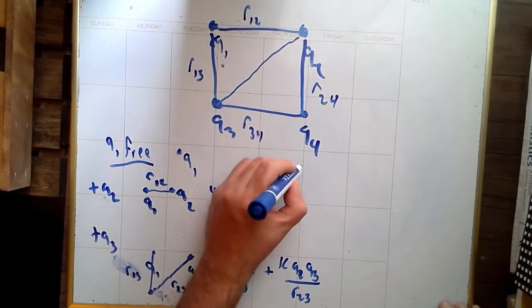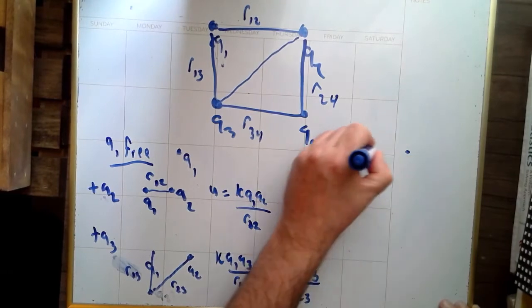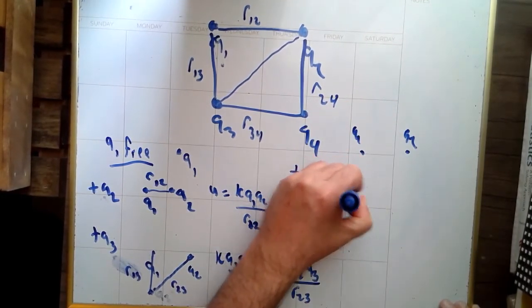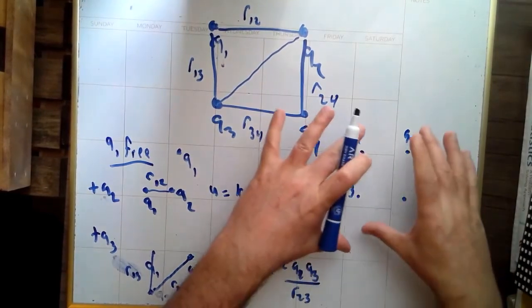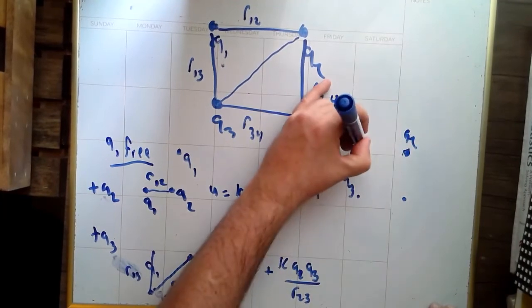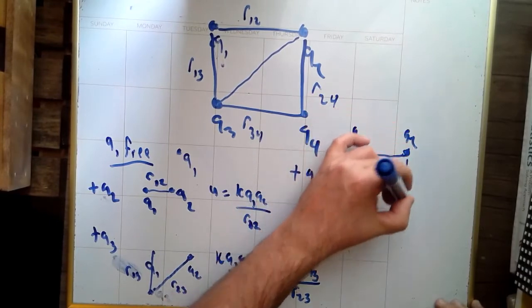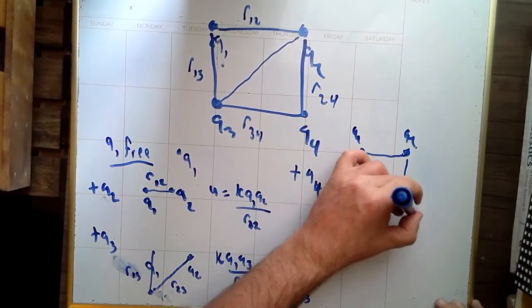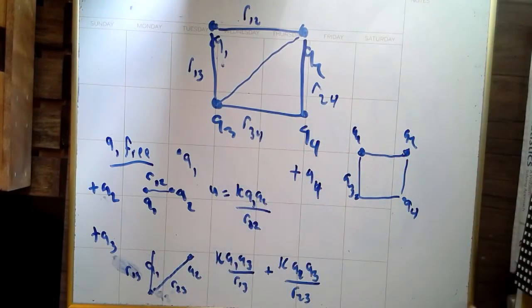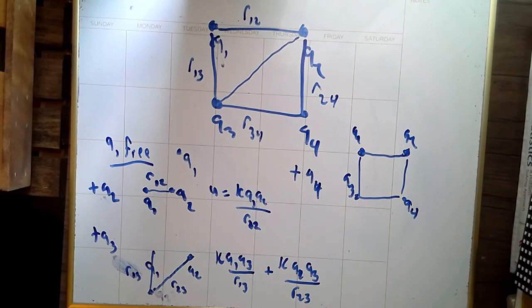Then if I bring in Q4, I've already got three charges in there, Q1, Q2, and Q3. Now I've glued those three down. They're stuck in place. If they weren't, they would fly apart on their own even before I try to bring this other guy in. So I've brought the first three together and I've glued them down. They can't move. Now I'm slowly bringing in Q4. How much additional energy would that require?